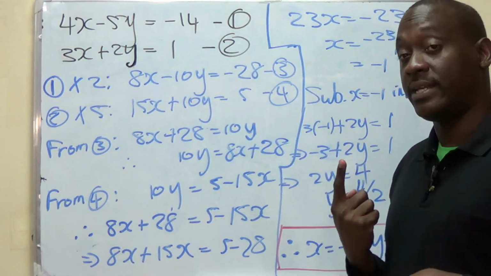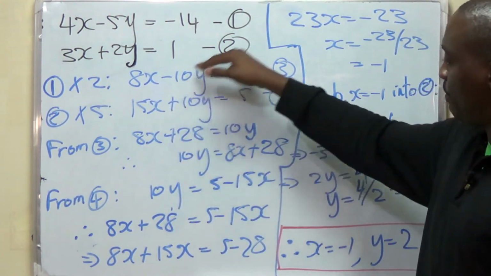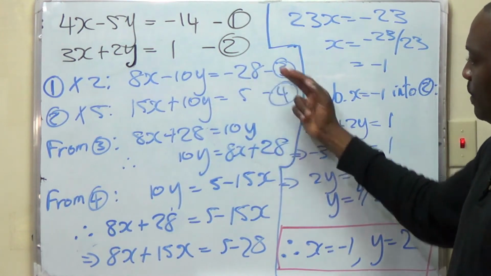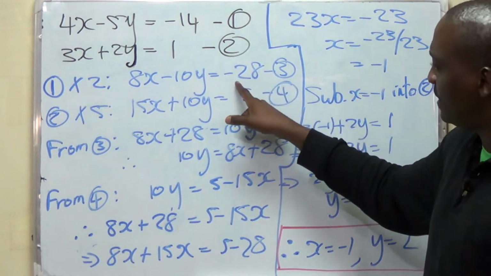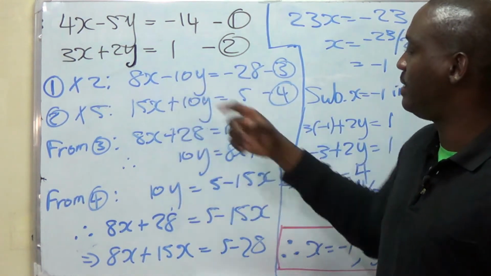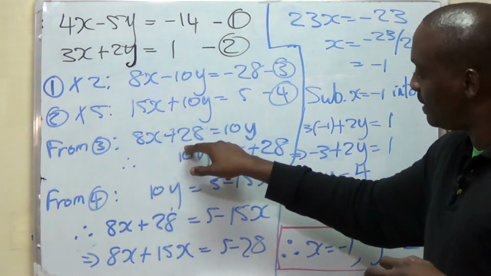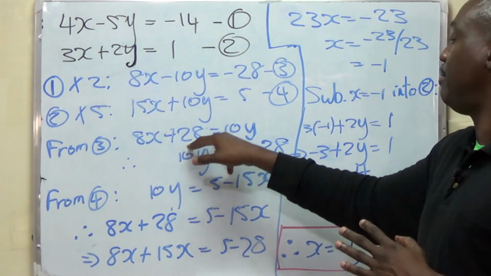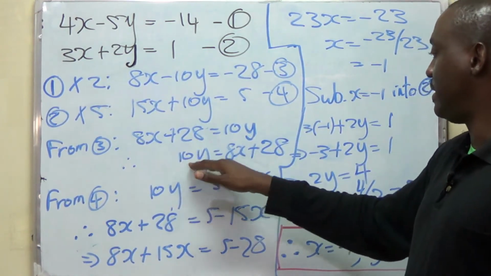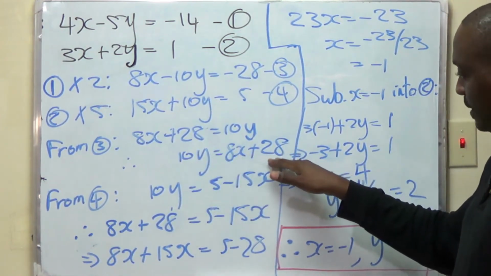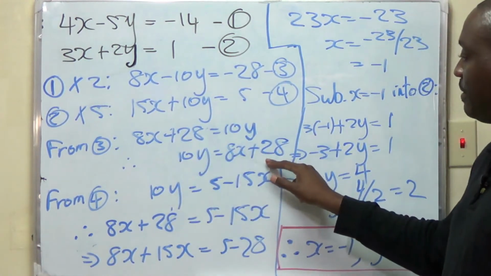So we take the minus 10y and we bring it across on this side, which will give us plus 10y here. And then we take the minus 28 and we carry it across on this side to get plus 28. So you will have 8x plus 28 on the left side being equal to 10y, which when you rearrange it, you'll get that 10y is equal to 8x plus 28. So from equation 3, 10y is equal to 8x plus 28.